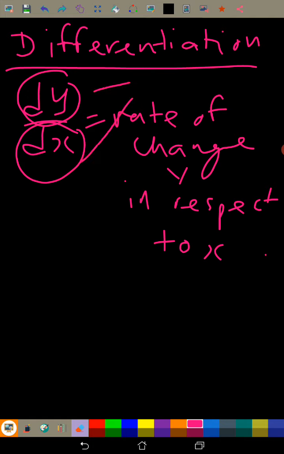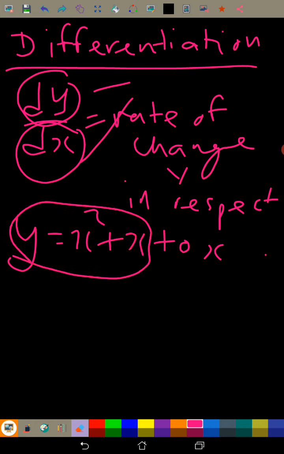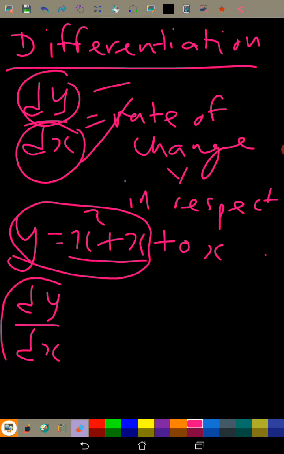These are two variables, and y is usually expressed in terms of x. So that's why we say dy by dx. When x is changing, y is changing, and what's the rate of change of y in terms of x, or in respect of x. So that's what differentiation is.